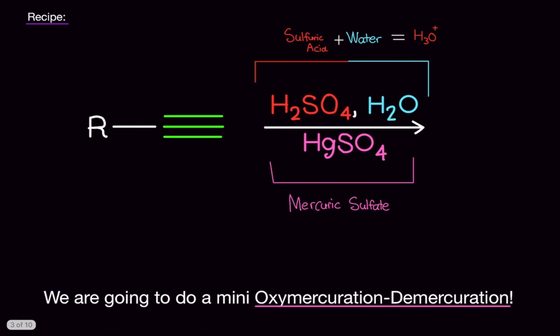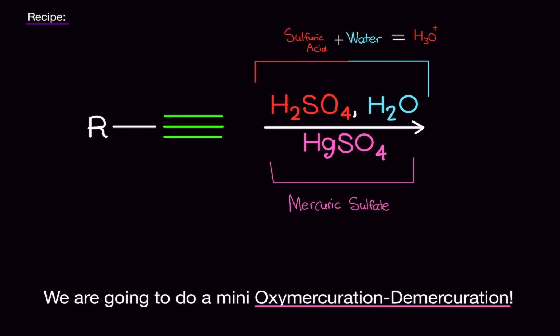So here's the recipe. We need an alkyne. We're going to need sulfuric acid and water. Now, the key is that sulfuric acid doesn't do anything. I talked about this during the acid-catalyzed video of alkenes, that when you combine sulfuric acid and water, we actually create hydronium.